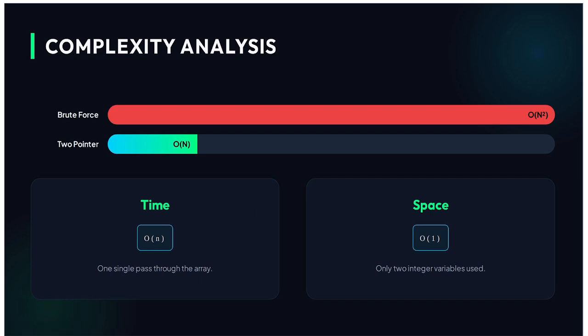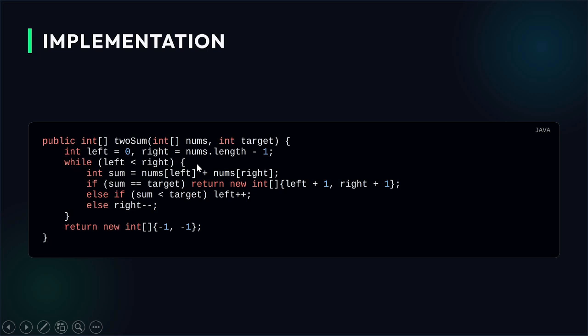Now coming to the time complexity. Instead of two pointers, if we used two for loops, the time complexity would be order of n square, but to solve this question we have used the two pointers. In the worst case, the loop will go from 0 to the length of the given nums.